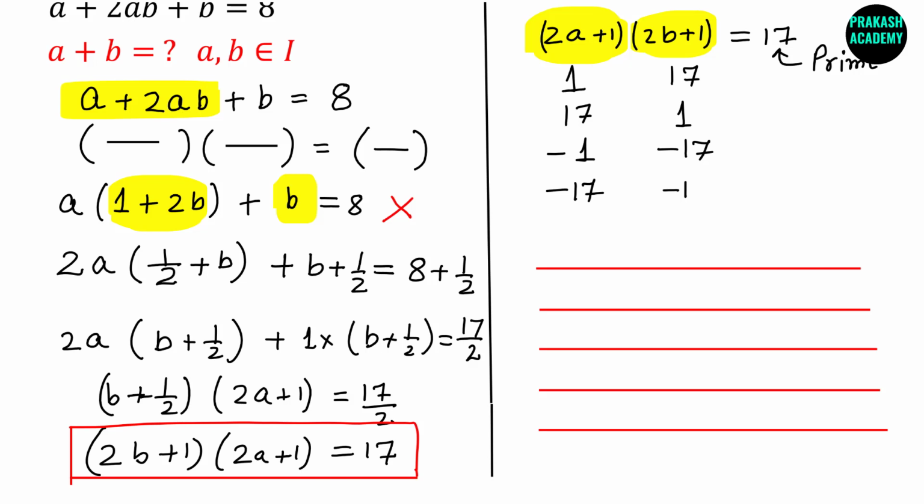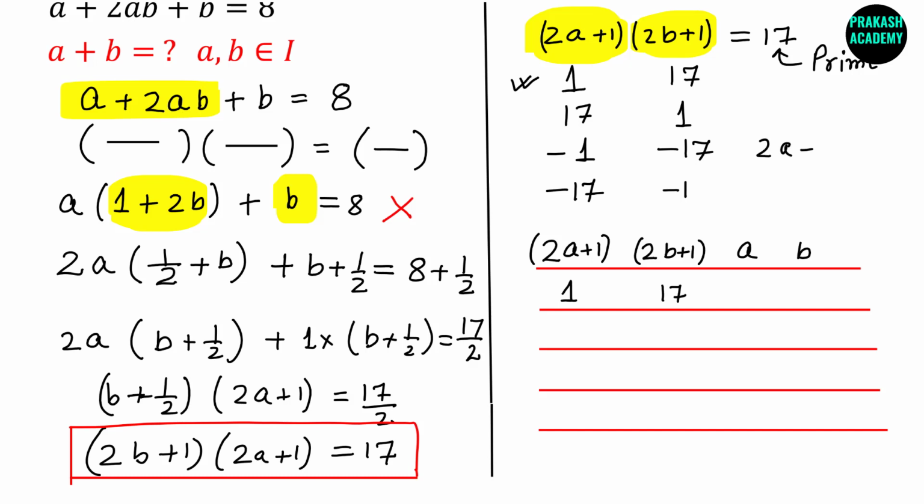Now I will make a table to find all possible values of a and b. Here I will write 2a + 1 and 2b + 1, and then I can solve for a and for b. The first is 1 and 17. So 2a + 1 = 1.